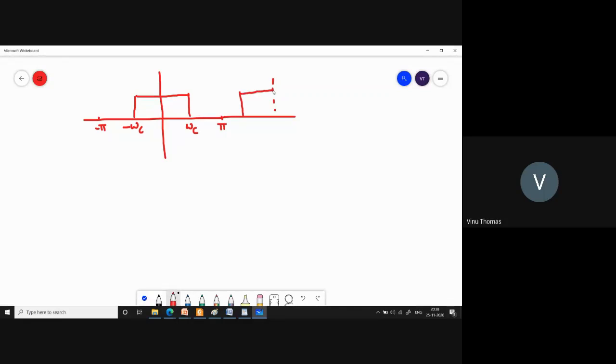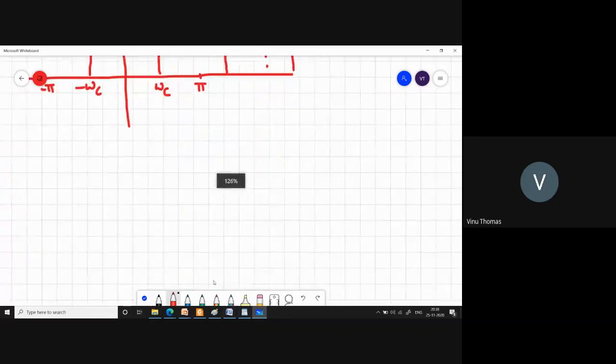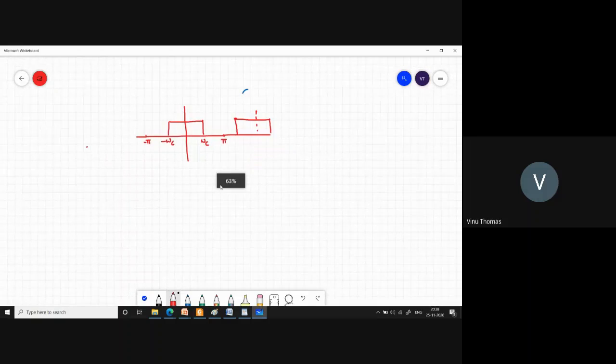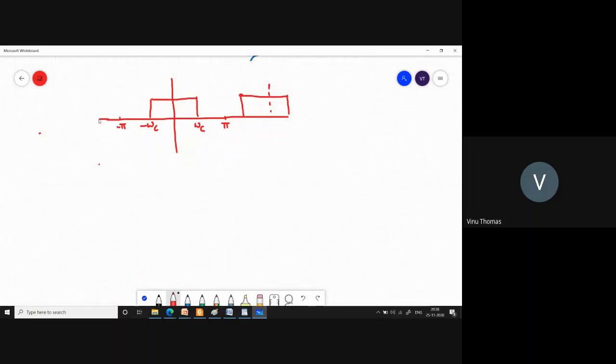This is a cycle here, and here. So we have something here also. So this is a periodic frequency.